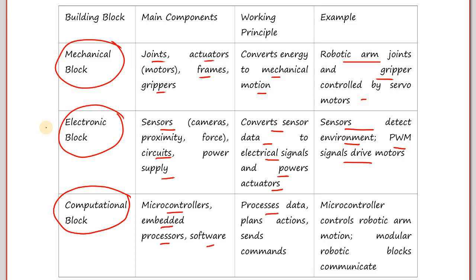Basically, they process data, plan actions and send commands. Okay. So, who sends commands? Well, the microcontroller, for example, which controls the robotic arm motion. Modular robotic blocks, they communicate.